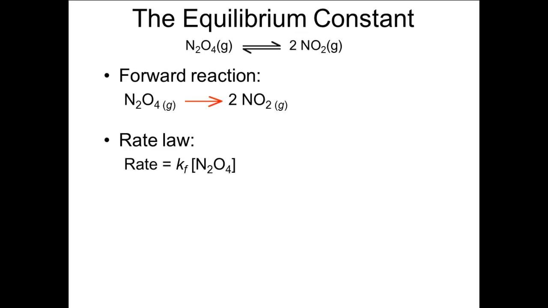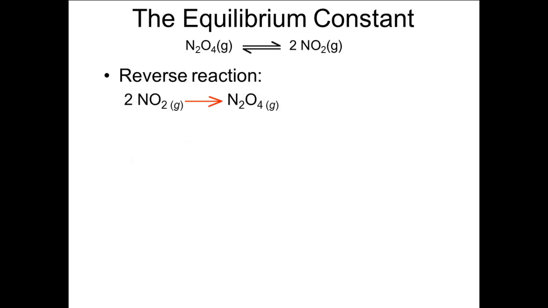So the rate expression is rate sub F for forward equals K forward times the concentration of N2O4. The reverse reaction is 2NO2 gives N2O4. And the rate expression is rate sub R for reverse equals K reverse times the concentration of NO2 squared.